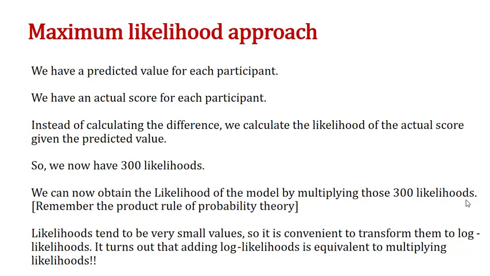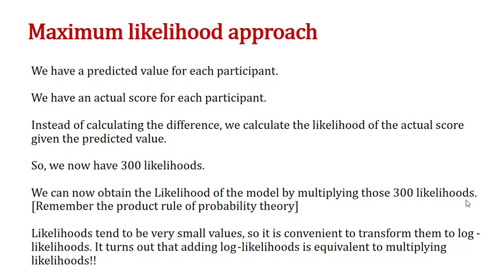So a trick to deal with that problem is to use log likelihoods instead of likelihoods. Log likelihood is obtaining the logarithm of the likelihood. A nice feature of that is that instead of having very small values, we are going to have higher values.